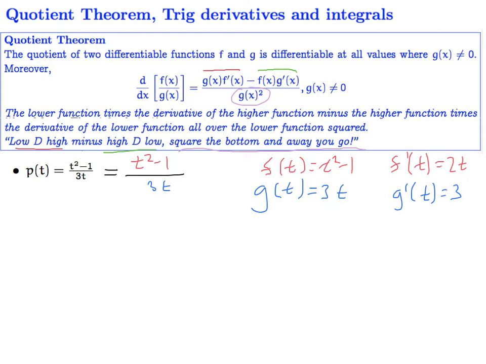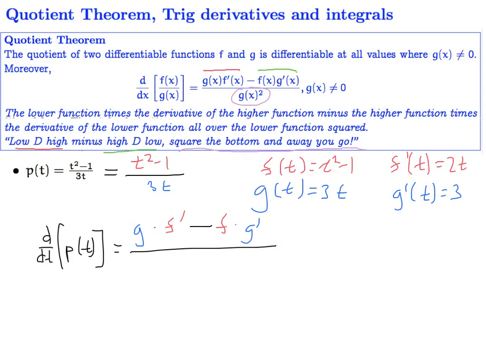And now it's a matter of putting things in the right place, because we have that the derivative of this function that's a quotient is going to be, according to our theorem, g times the derivative of f minus f times the derivative of g, all over our original function g squared.